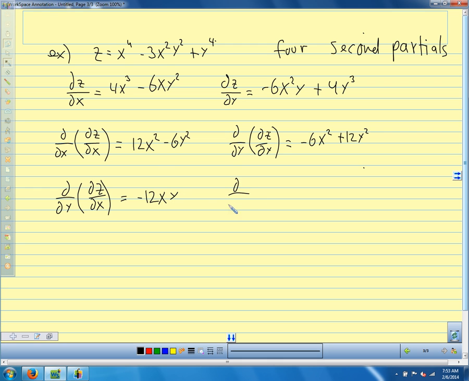Partial with respect to x of this thing, dz dy, and I get minus 12xy. And our second mixed partials, we see that our second mixed partials are equal.